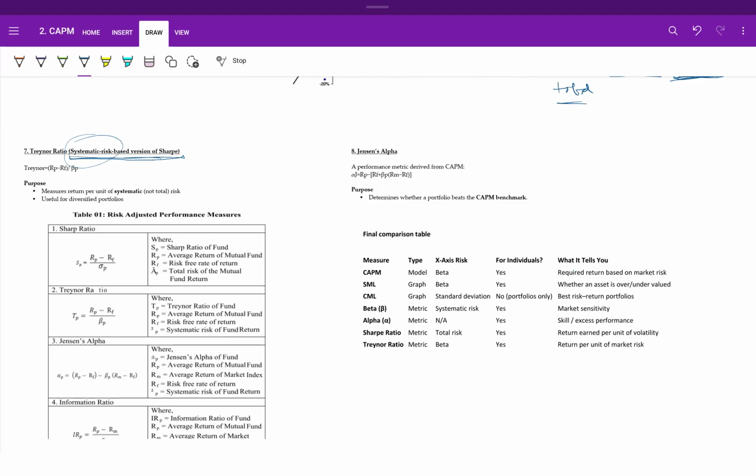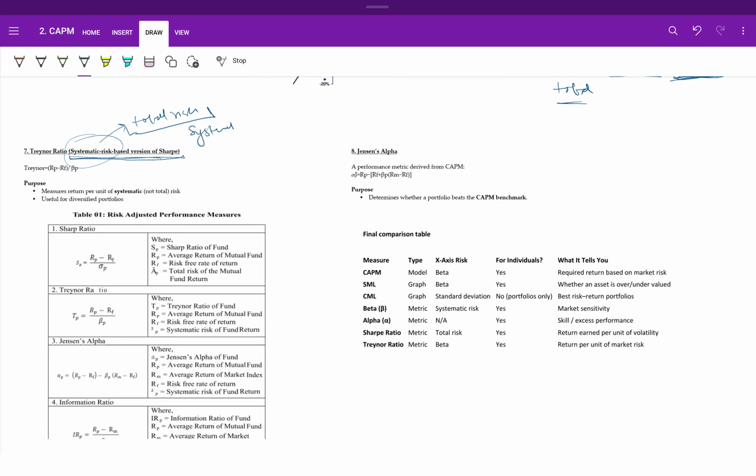And the Treynor ratio is like the Sharpe ratio, but it uses beta instead of standard deviation because it's about systematic risk, not about total. Total risk is systematic plus unsystematic.